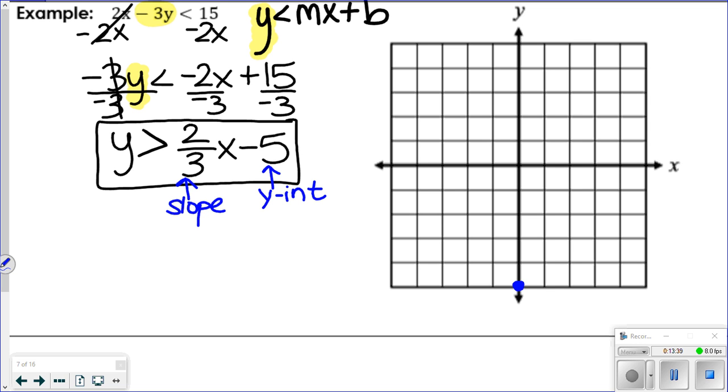So remember, if we have a positive slope, we want our line to be increasing, inclining from left to right, going upwards. So from my y-intercept up 2 and over 3. And I can only put 2 points on this graph because I'm running out of room.